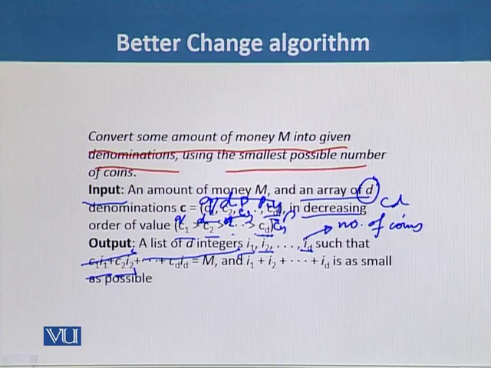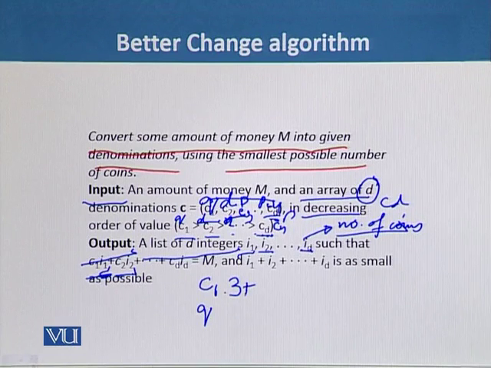C1 I1 means that C1 is the name of the coin, that is quarter, and I1 is the number of coins. We remember that when we solved this problem in the last slide, we got 3 quarters.